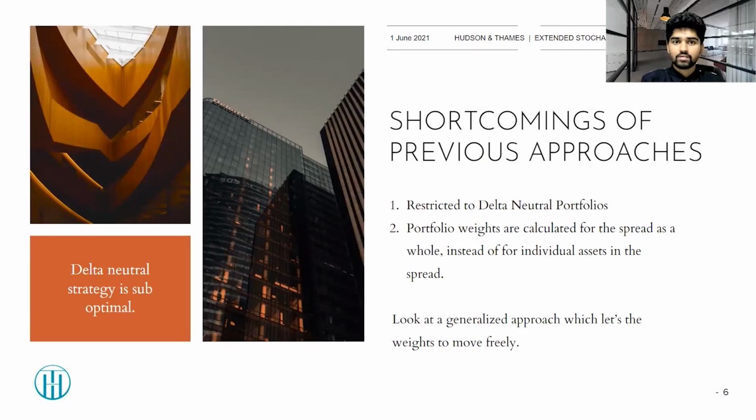addresses those shortcomings. As you might know, in a typical convergence trade, two assets trade at different prices but have similar payoff with certainty at a future date. Some examples of convergence trades are merger arbitrage, which is a risk arbitrage, or pairs trading, which is a relative value trade. The strategies for these types of trades conventionally consider taking delta neutral positions.